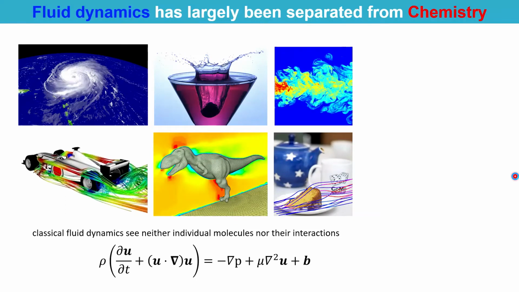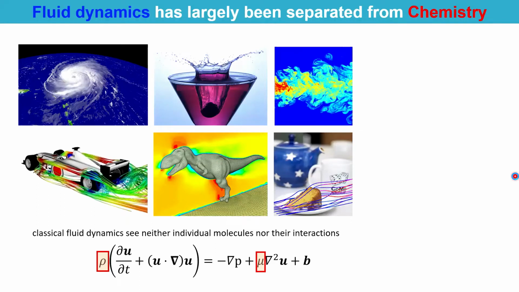The key thing you can observe from this equation is that the nature of the fluid is entirely encapsulated in two numbers: one is density and the second is viscosity. Here we really don't see any individual molecules or interactions between these molecules. They are all hidden, packed, or encapsulated in these two very simple numbers.